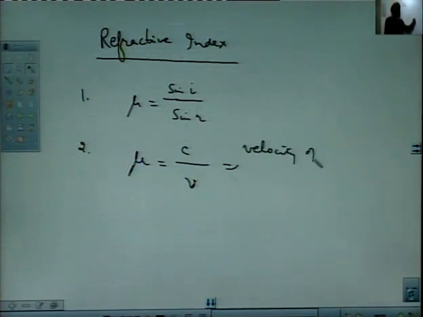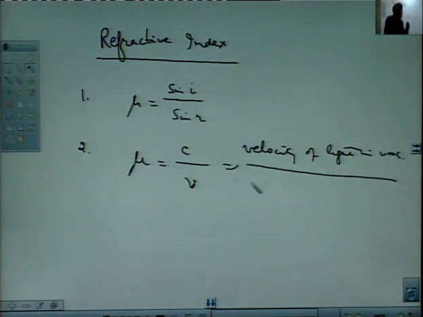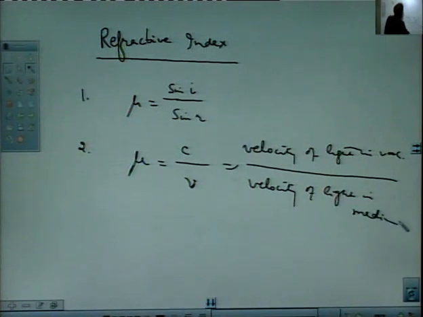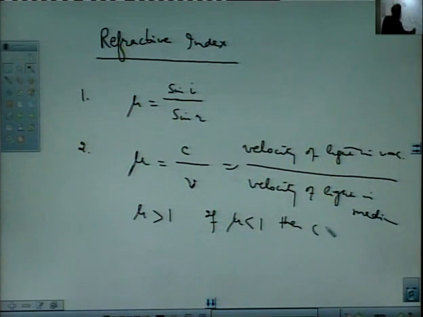Velocity of light in vacuum over velocity of light in medium. So, this mu is always greater than 1, because if mu is less than 1, then C will become greater than V, which is not possible.